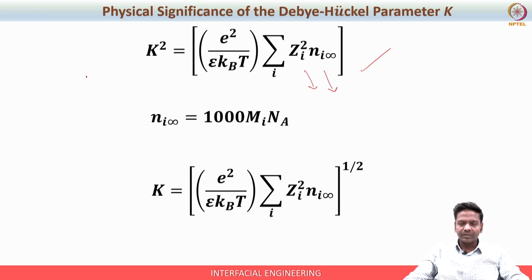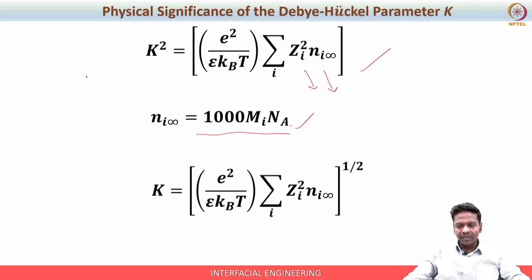Remember, it is often easy to keep Ni infinity in this form, so that whenever we deal with a problem, we deal with the molarity, right. So we express the concentration of salt in the form of molarity or moles per meter cube. Okay. So it is desirable to have the equation of Ni infinity in this form as described here.